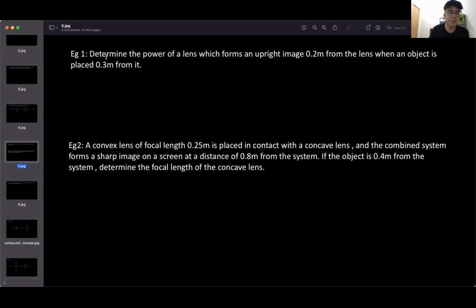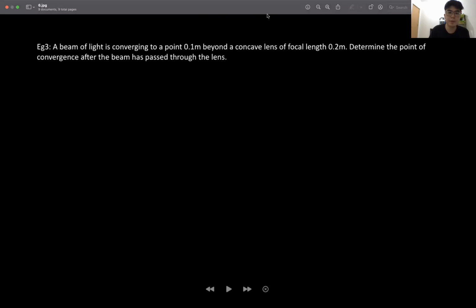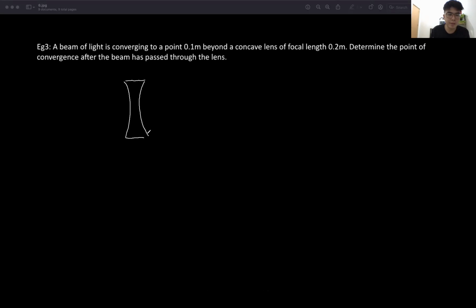Can a concave lens form a real image? You see, for the light diagram for a concave lens, we draw like this, right? So here we have a concave lens, and this is our principal axis.